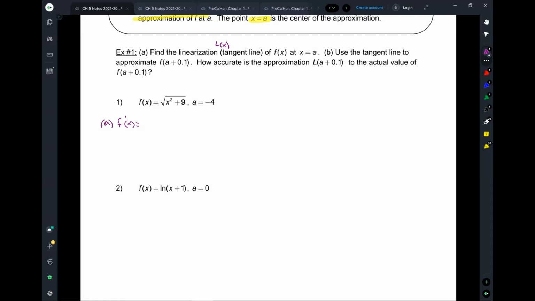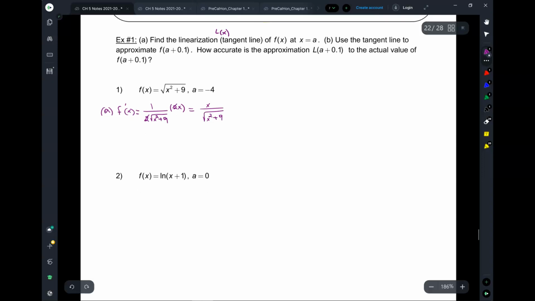Remember what I said before: when you have the square root of something, the derivative is just 1 over 2 times the square root, and of course, we have to use chain rule times 2x, okay? The 2's cancel, so f prime of x is x over the square root of x squared plus 9.